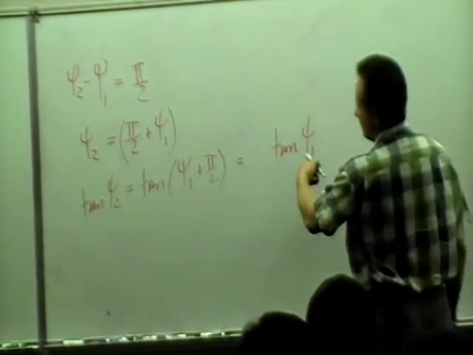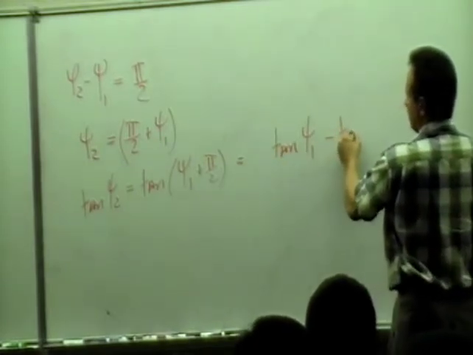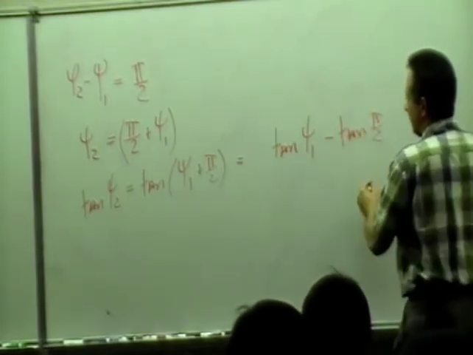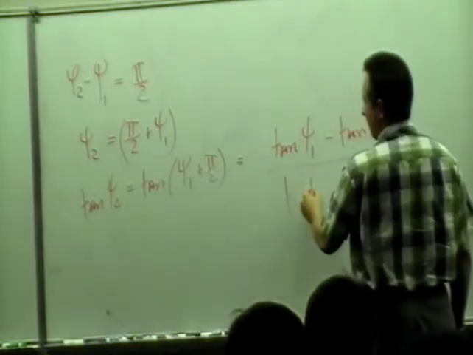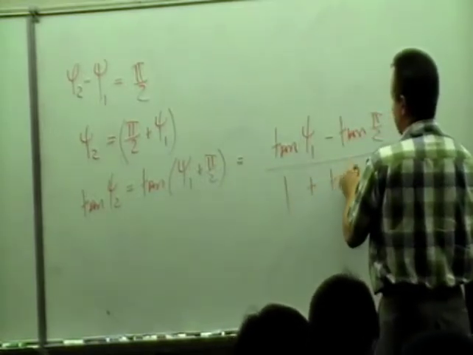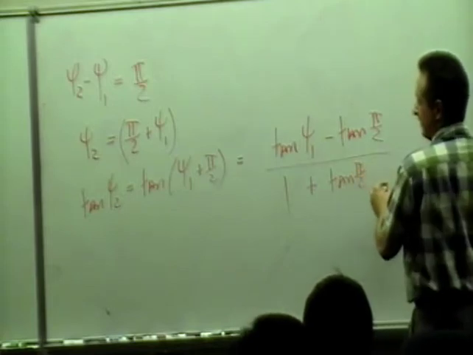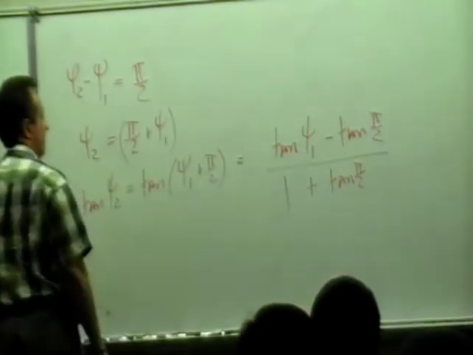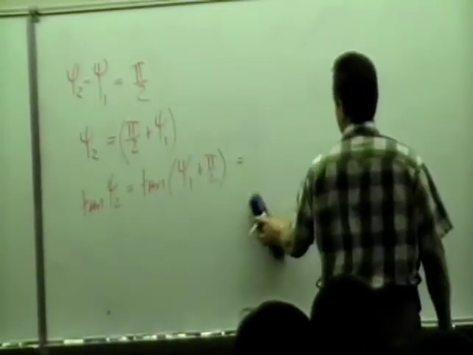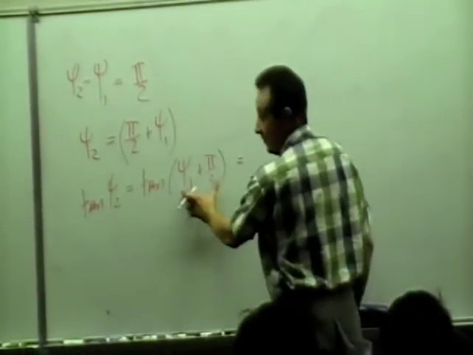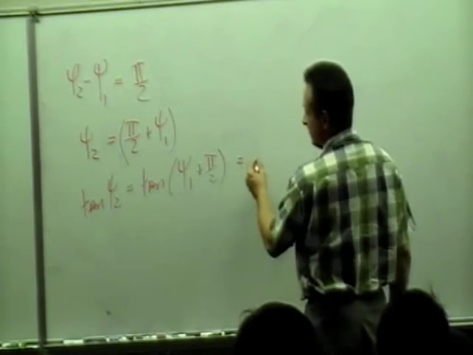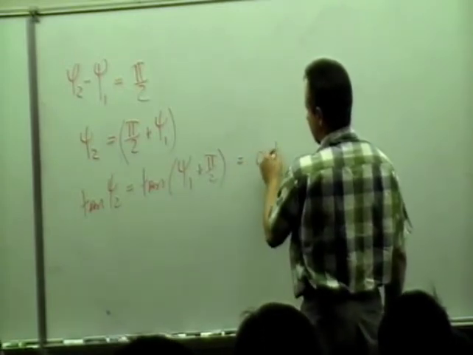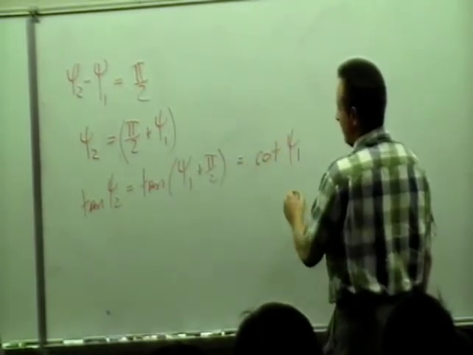But I think it's tangent of psi 1 minus the tangent of pi halves over 1 plus the tangent of pi halves times... Oh no, I'll take that back. I know an easier way. Isn't that just equal to the cotangent of psi 1?